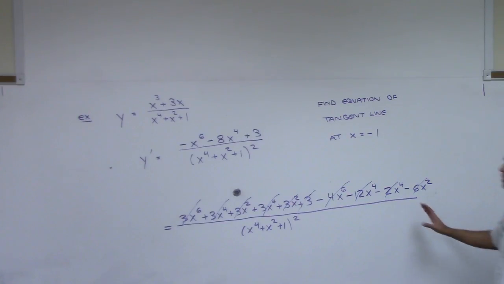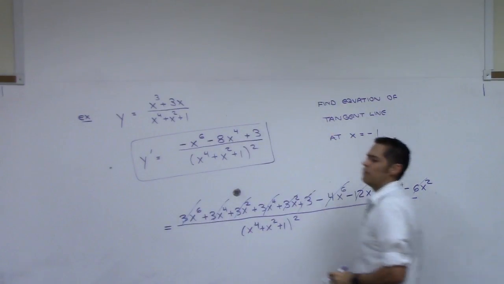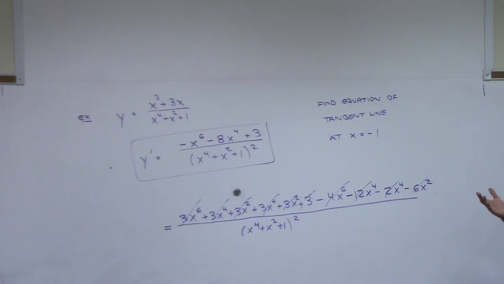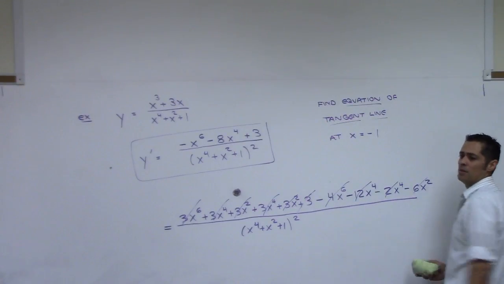So all of this, the mechanical part here, we got the derivative, right? That allows us to find the slope of the tangent line anywhere. I would like to know what the equation of the tangent line is.